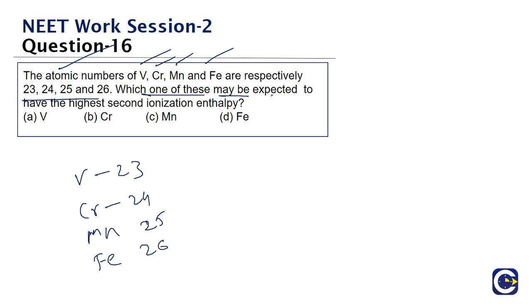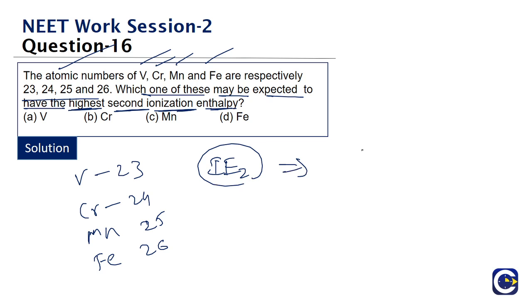Which one of these may be expected to have the highest second ionization enthalpy? So which of them is expected to have the highest second ionization enthalpy? See, IE2 basically means the ionization energy involved in the removal of the second electron.